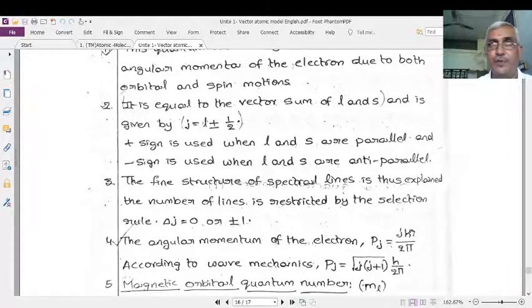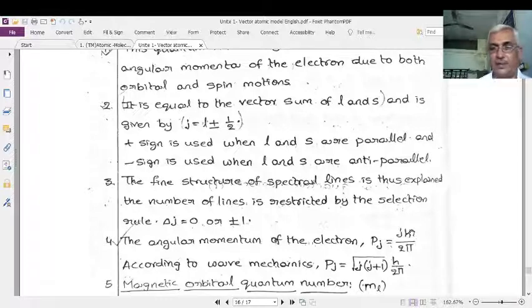What are these four quantum numbers? One is the principal quantum number n. The other one is the orbital quantum number L for orbital motion. The third one is the spin quantum number S, for the spin motion of the electron. And the fourth one is the total angular quantum number, which is the vectorial addition of L bar and S bar.